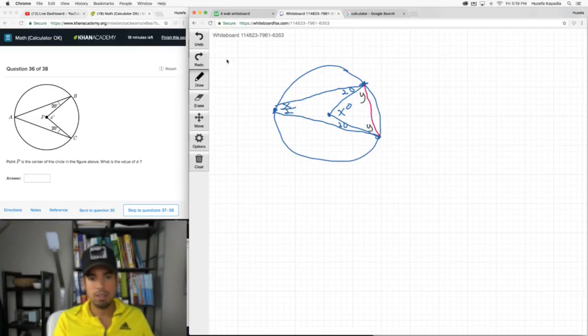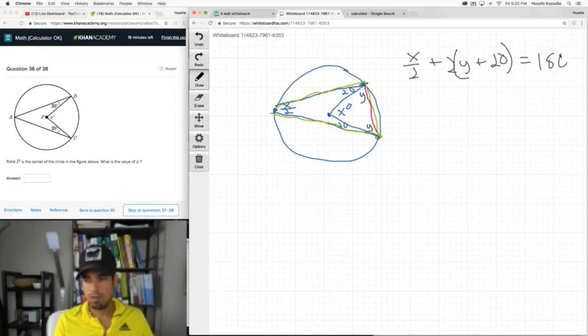So we know that this out here is one triangle, right? Then we got that other inside triangle, of course. So we could say x over 2 plus y plus 20 plus y plus 20 again. So 2 of those equals 180. That's for the big one.